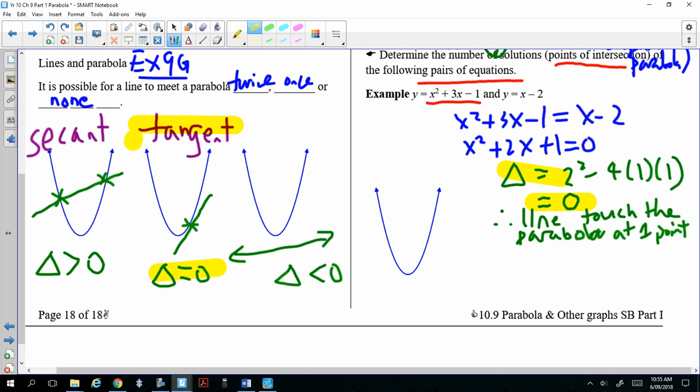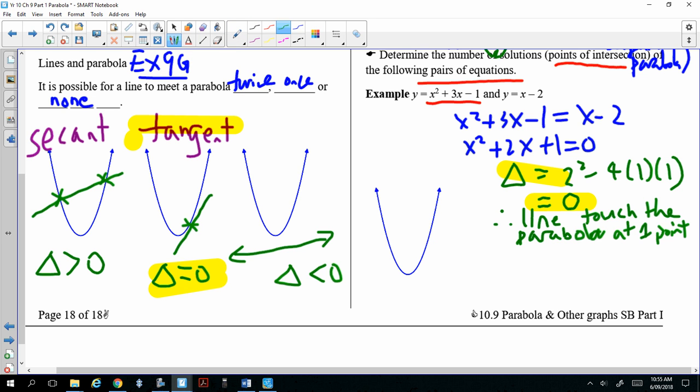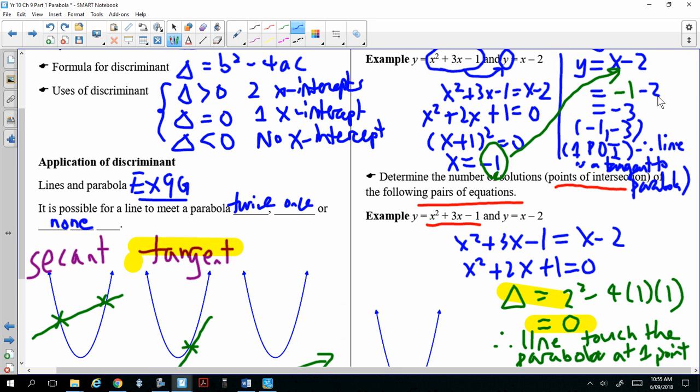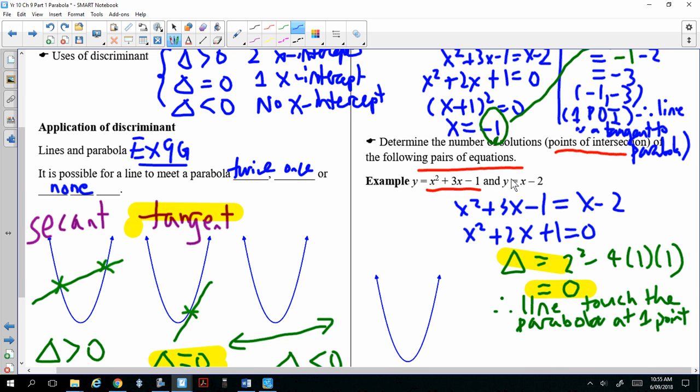So it really depends on what the question says. If the question says find a point of intersection, solve them simultaneously, find x and y. If they say how many solutions, just find the discriminant, right?